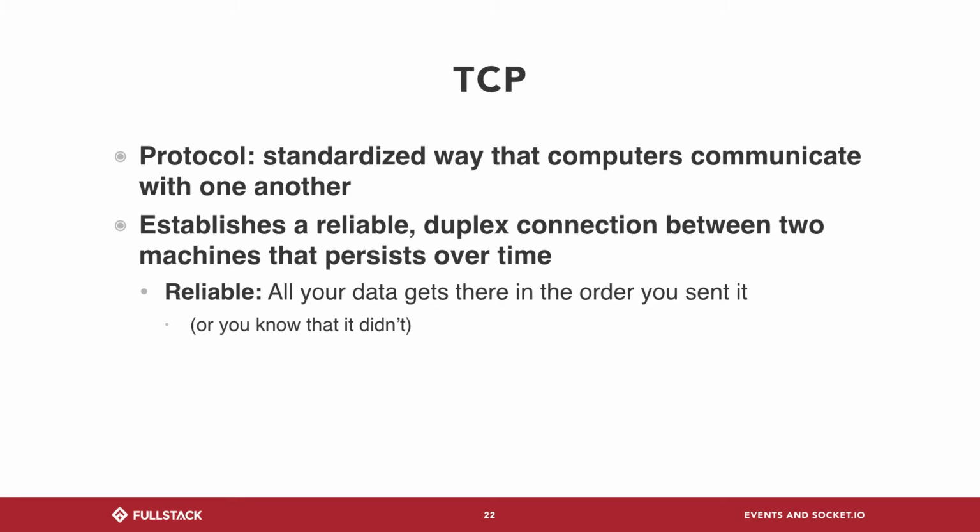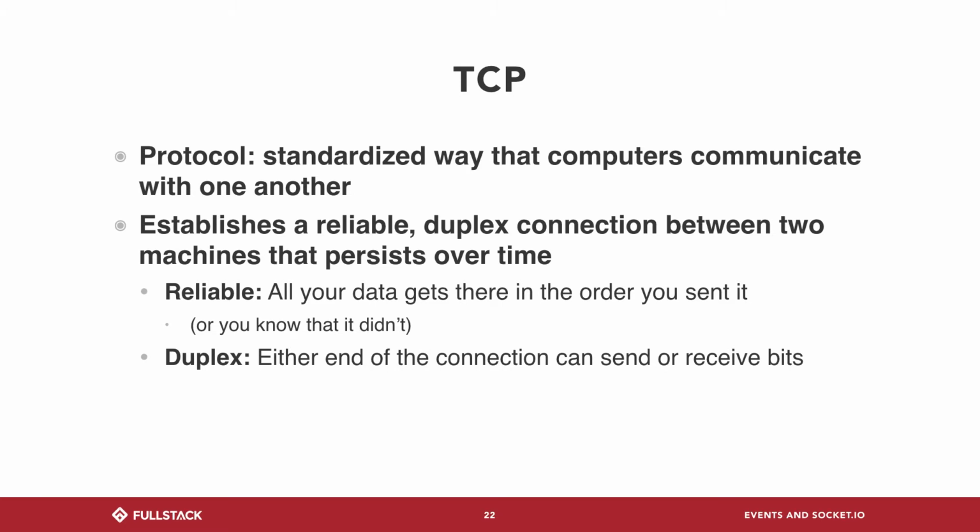Reliable meaning that everything gets there in order, or you know that it failed, and duplex meaning that either end can send or receive. And persistent meaning that the connection sticks around until one side terminates it or until it times out, which is a provision in there because we think that one machine might have died. Somehow it fell off the network, it fell down a well, anything. At some point you want to release those resources on the other end.